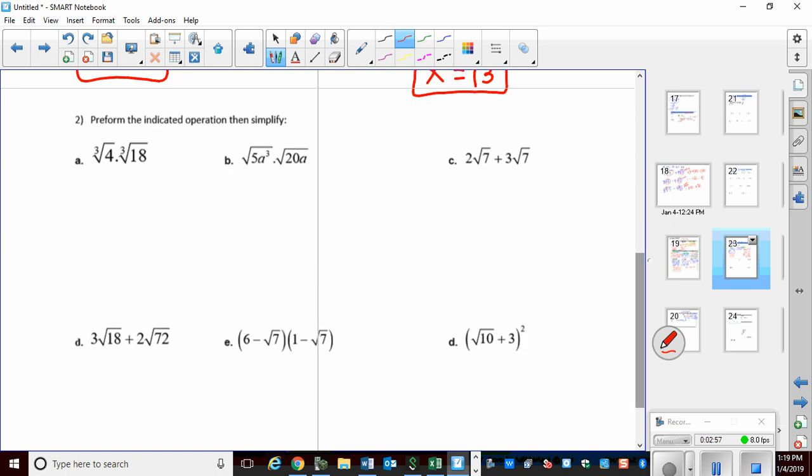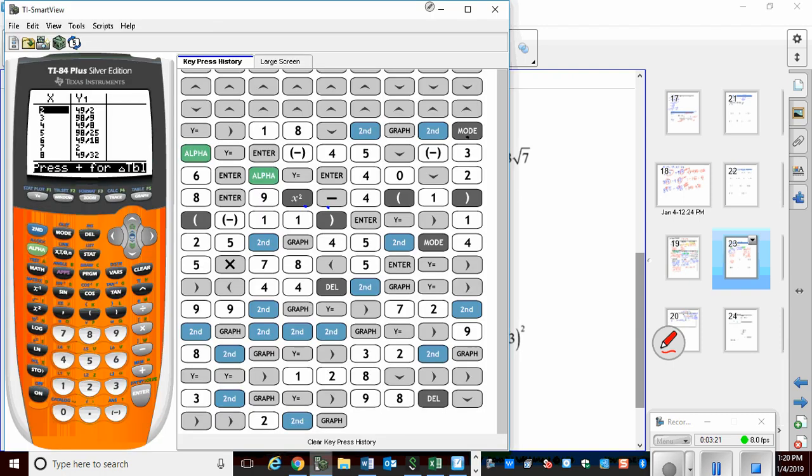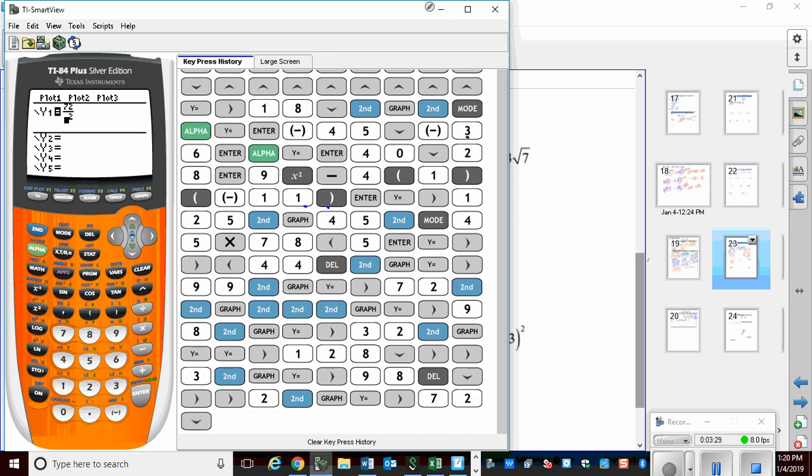For the next part, performing the indicated operation, then simplify. I have the cube root of 3 times the cube root of 4 times 18, or this equals the cube root of 72. Okay? And I go to my graphing calculator. 72 over x cubed.